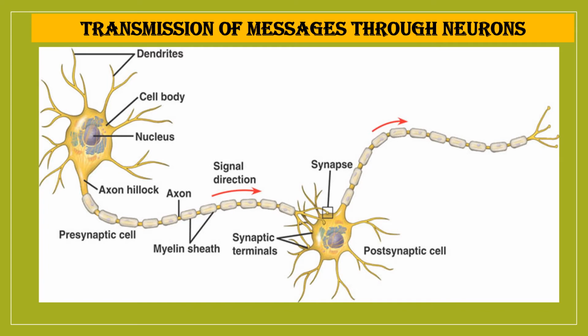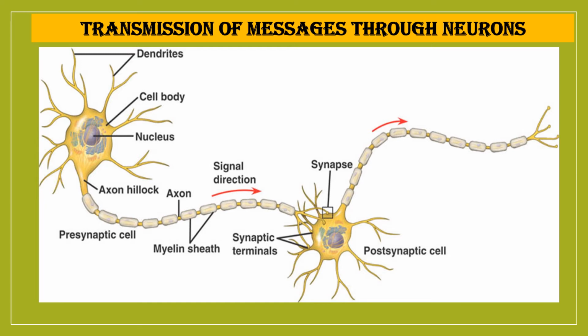At the end of the axon, that is at the nerve endings, the electrical impulse sets off the release of some chemicals. It is these chemicals which cross the junction between the nerve endings and the dendrite of the next neuron. These junctions where the electrical impulse is converted into chemical signals are called synapse.